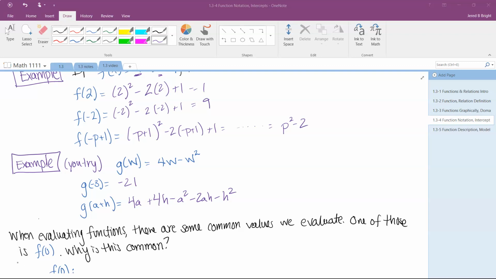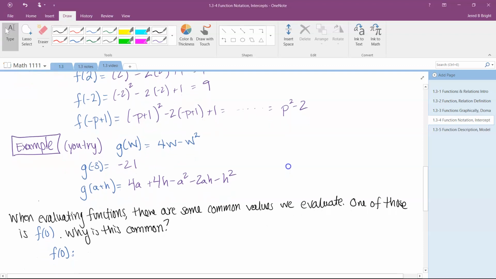Why is that common? f of 0 is just saying that when x is 0, what does y equal? The really nice thing is that it eliminates variable terms, because when x is 0, all the variables get multiplied by 0 and you're just left with whatever constants. So that's why this one is common.